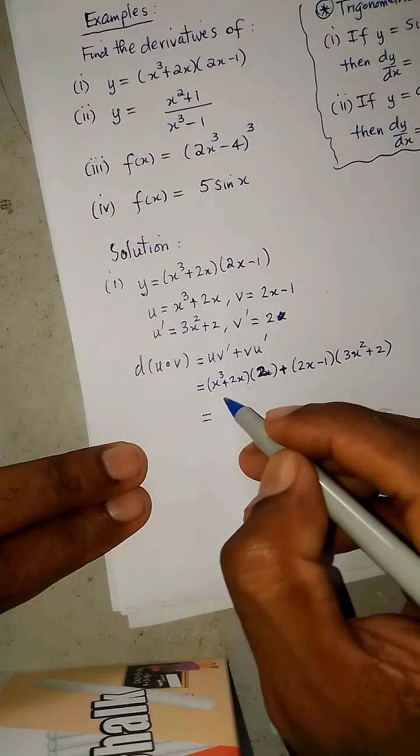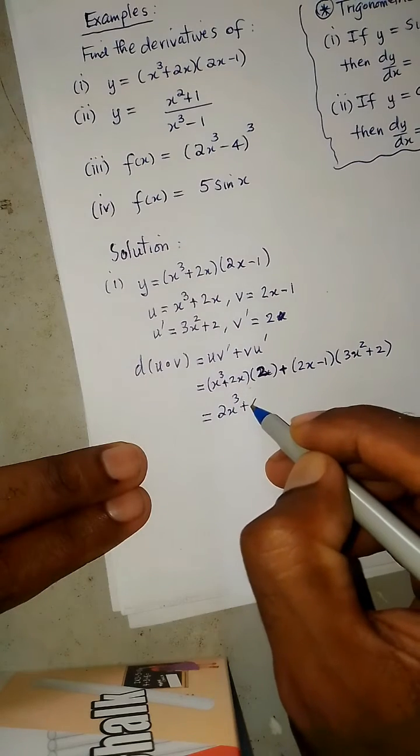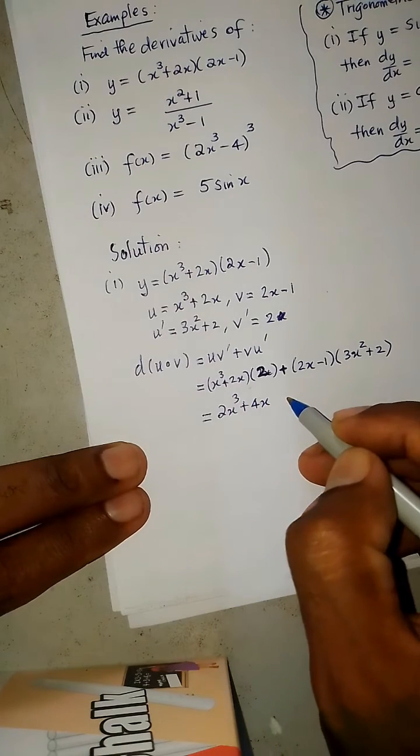So multiplying 2 times this will give us 2x cubed plus 4x.